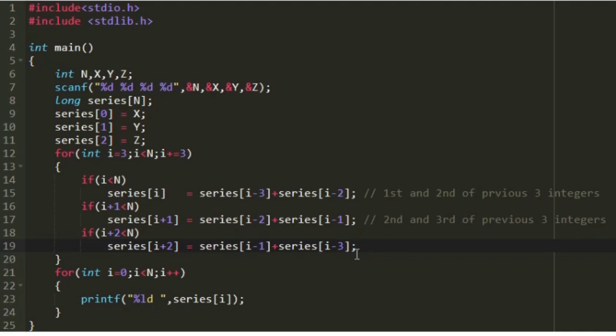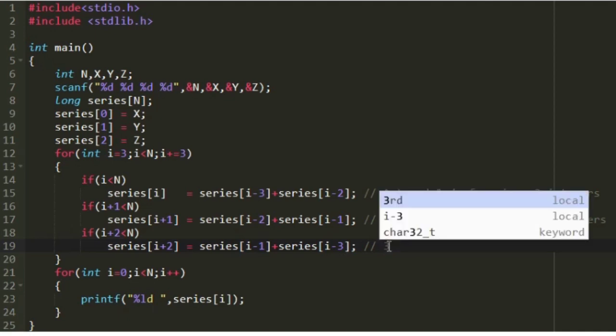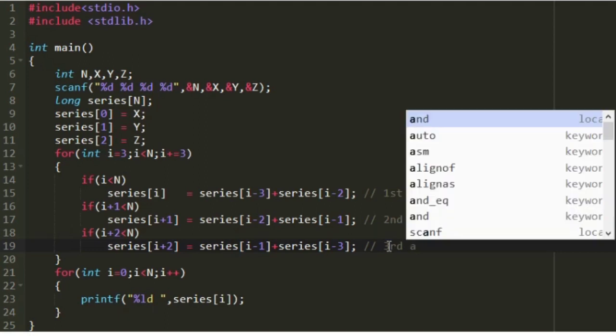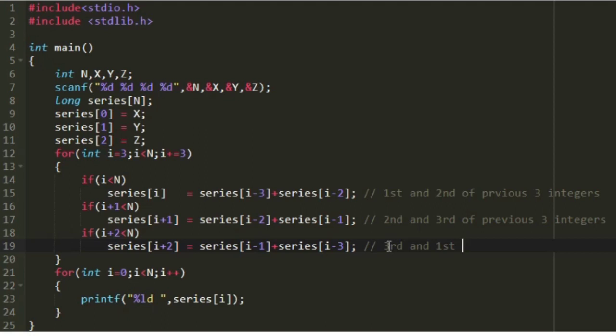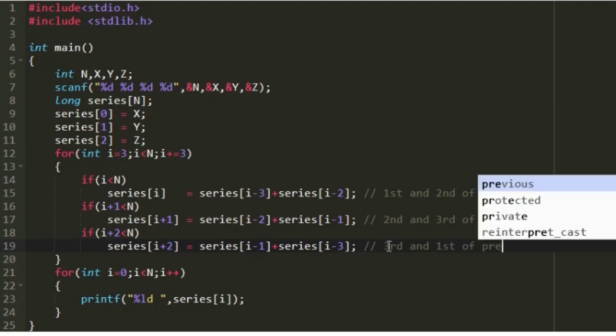So the third integer is the series of i minus 1, and the first integer of the previous three integers would be series of i minus 3. So we are adding those two, that is we are adding the integers present at the index i minus 1 and i minus 3, and that sum is stored in series of i plus 2, that is the third integer of the next three integers. So this is what we will be doing in every iteration of this loop.